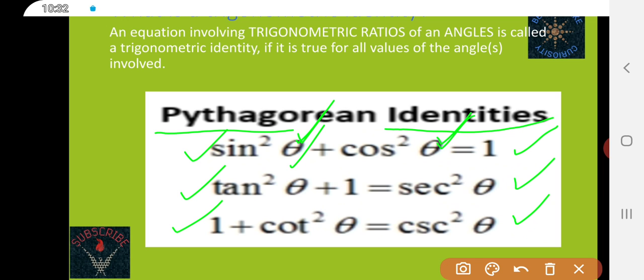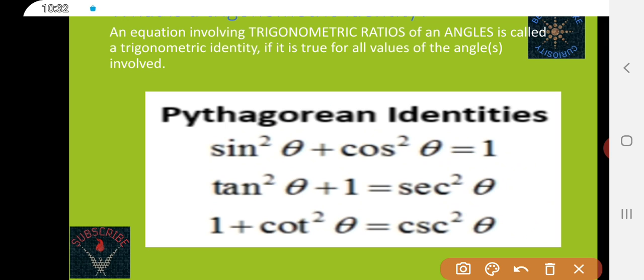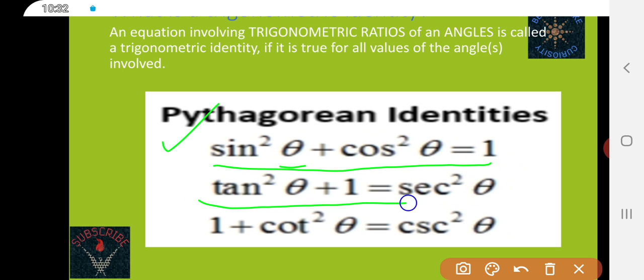But now see, for which values of theta is each equation satisfied? We shall see for which values of theta these equations are identities. Okay, here you see this is cosec.